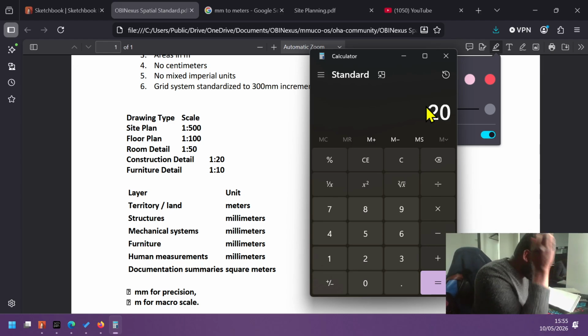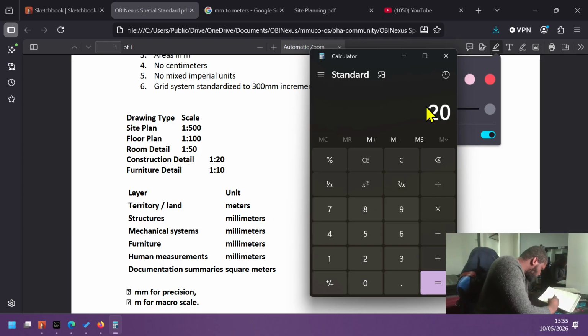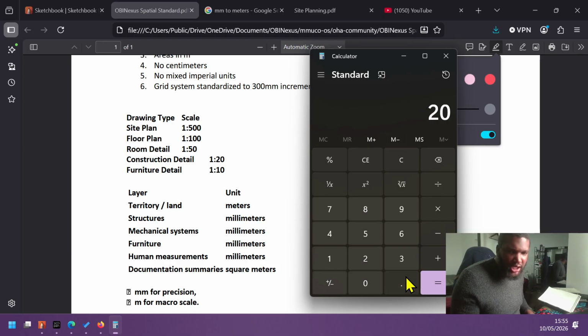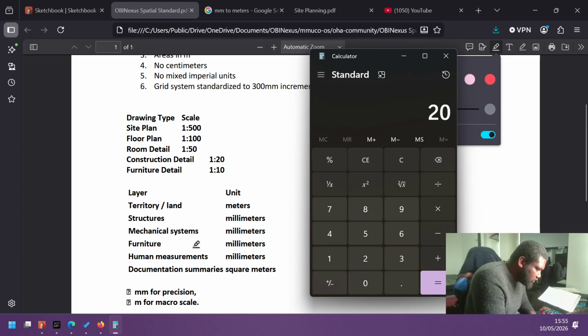Let's use the ratio here. 5 meters times 20. That will be 20 or 15. Okay. We're going to do 5 by 5 meters.